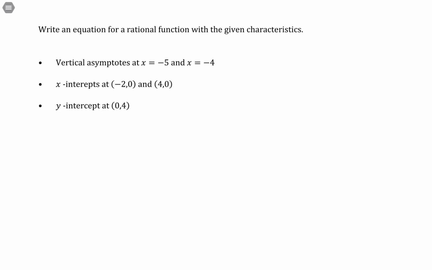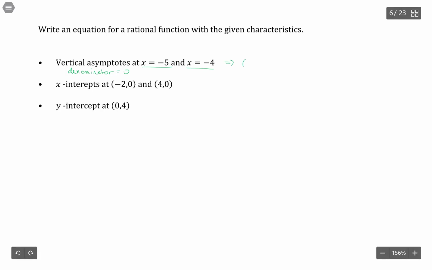So let's start with vertical asymptotes. Vertical asymptotes are the locations where the denominator is equal to 0. So I need to change these values into factors.